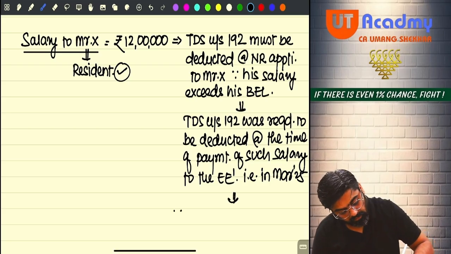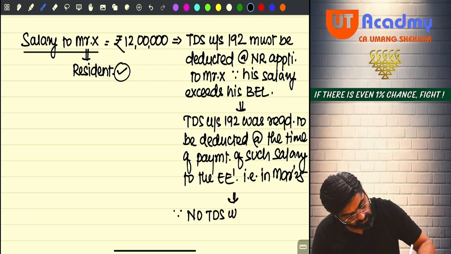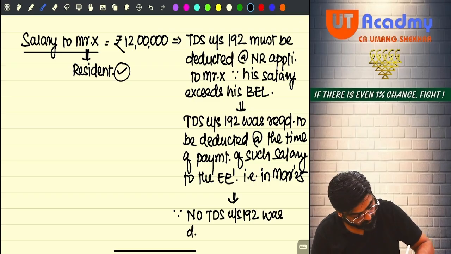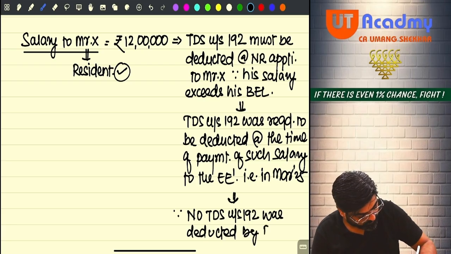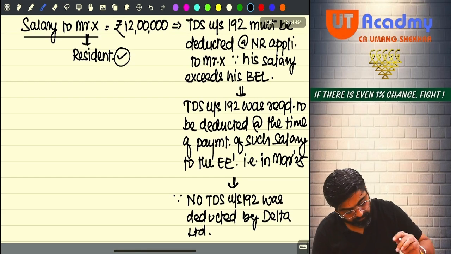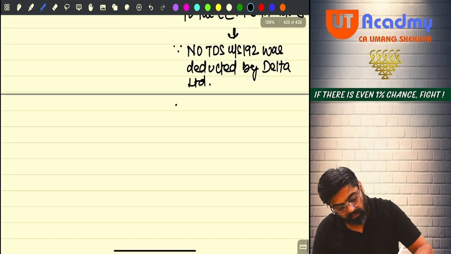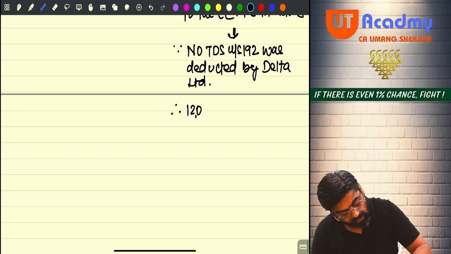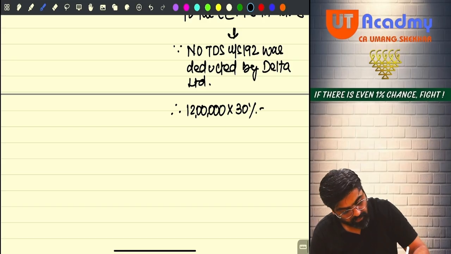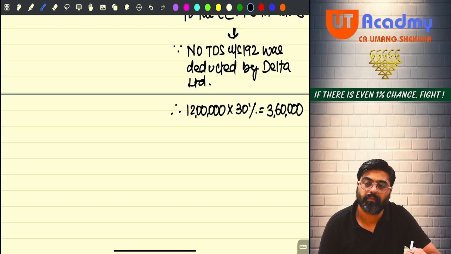Now, since no TDS under section 192 was deducted by Delta Limited, therefore 12 lakh into 30% is equal to 3 lakh 60,000.